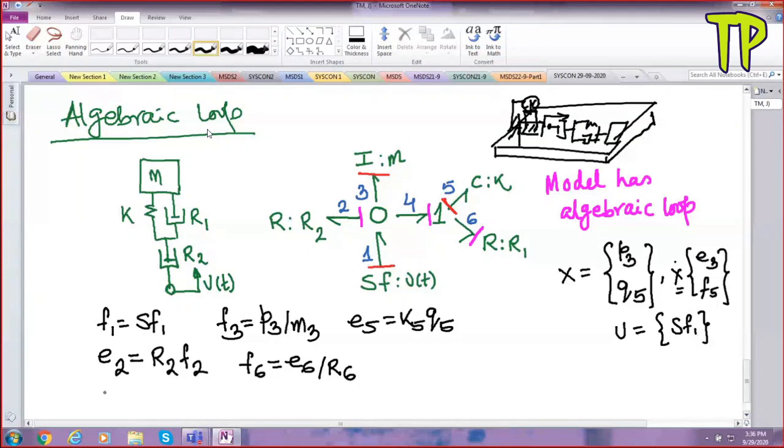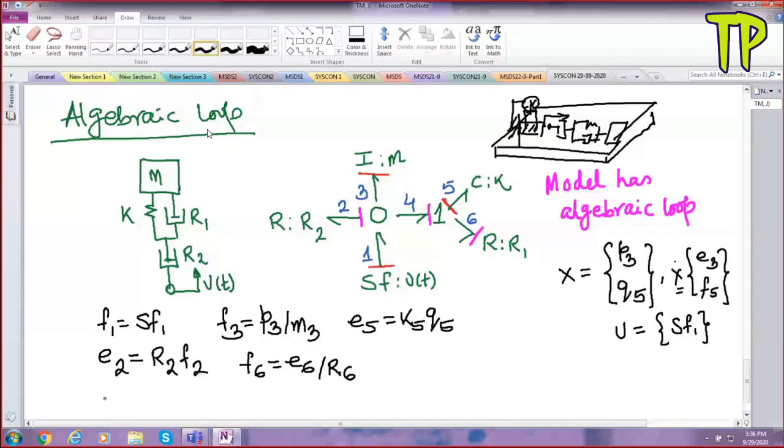What do we have? We have F2 equal to F3. I am straight writing E3 by M3. We cannot write that.